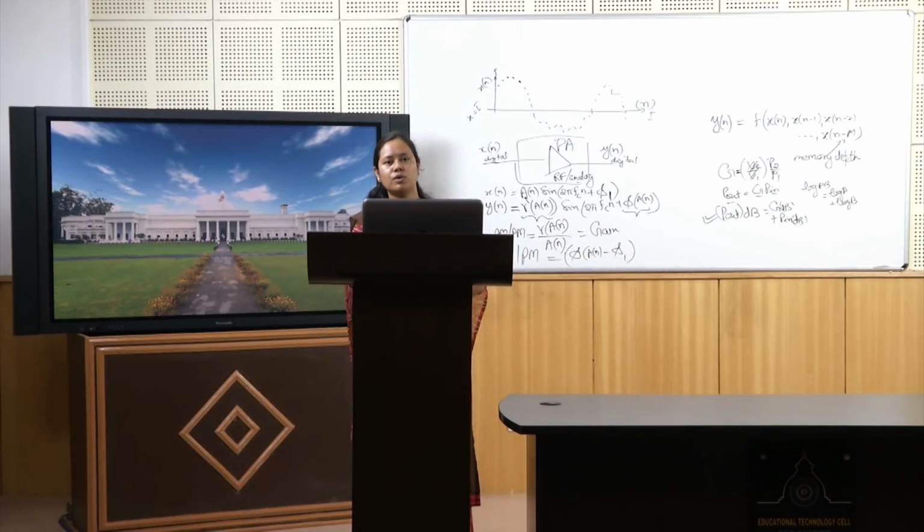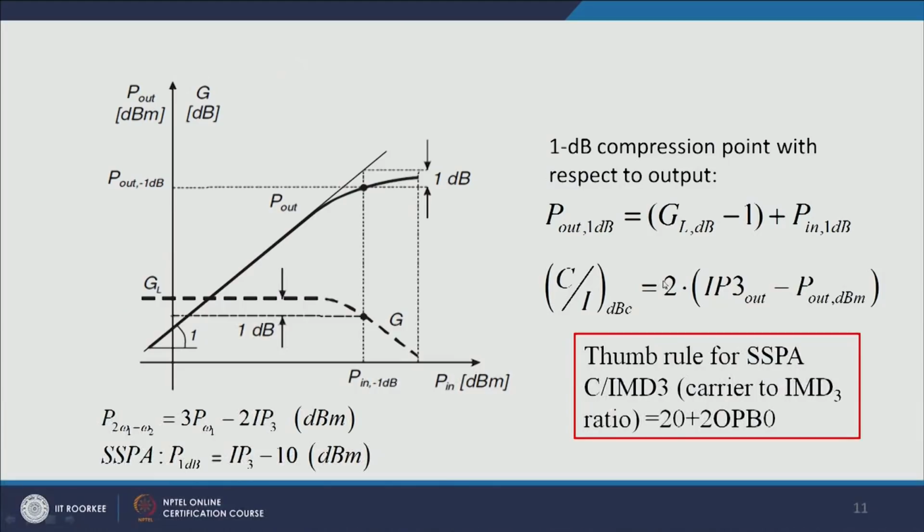If you remember our original discussion from the last lecture, the C by I ratio in dBc is actually twice of IP3 out minus P out in dBm. You also remember that our third order intercept point and the signal power have this relation with the IMD term, and we got this expression for the two tone case. That is why we are showing 2 omega 1 minus omega 2, the IMD3 component again.